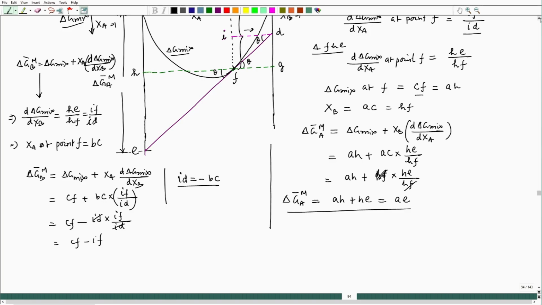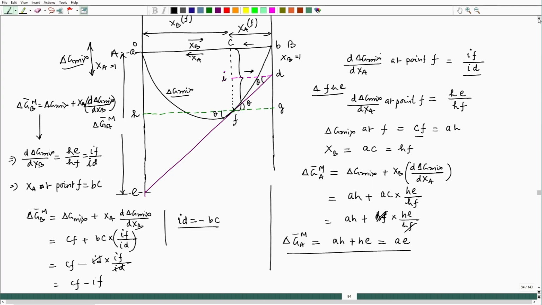So, If is nothing but from here, I can see that If, so that means from here we get delta G bar M B equal to Cf minus If, and If can be taken as dg, since If equal to dg.